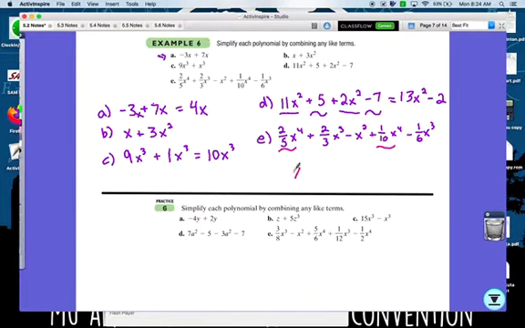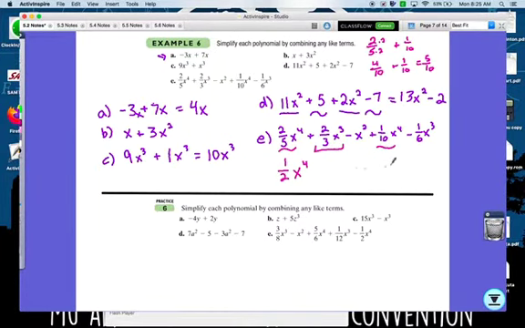Over to the side, they need a common denominator. So 2/5, when I multiply by 2 on top and bottom, becomes 4 over 10. And if I add that to the 1 over 10, that gives me 5 over 10, which reduces to 1/2. So we have to do the fraction things that we've talked about previously, just now in this polynomial combining problem.